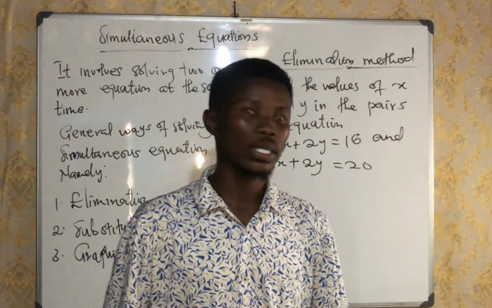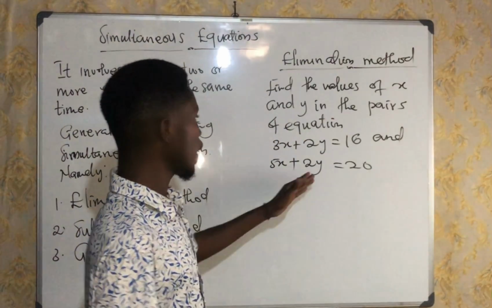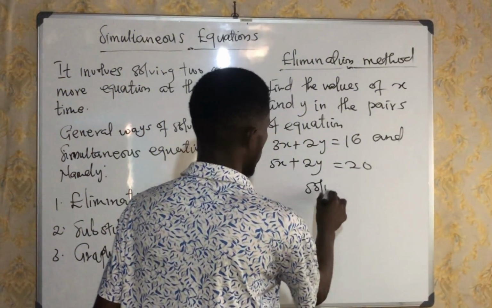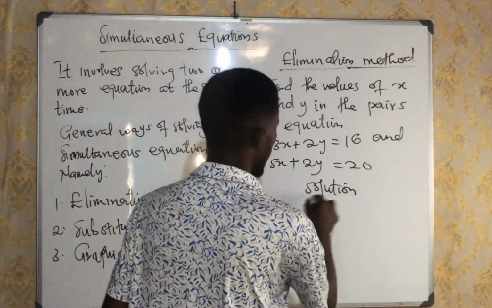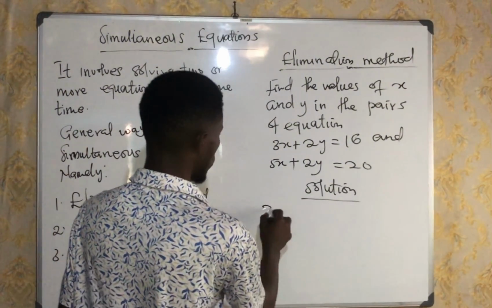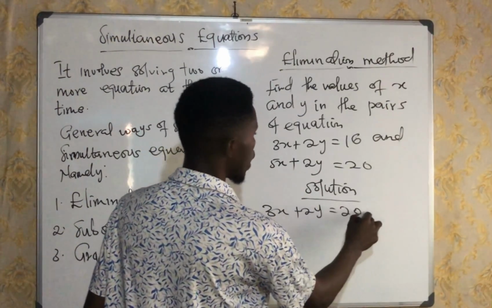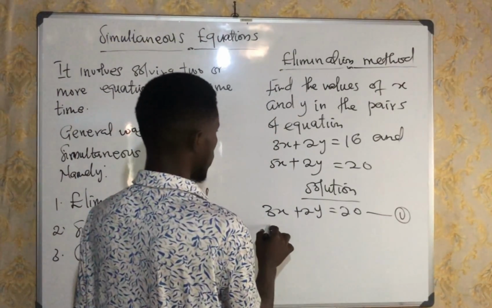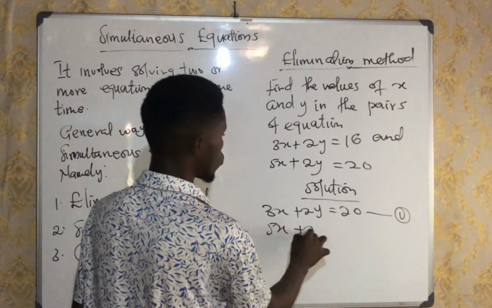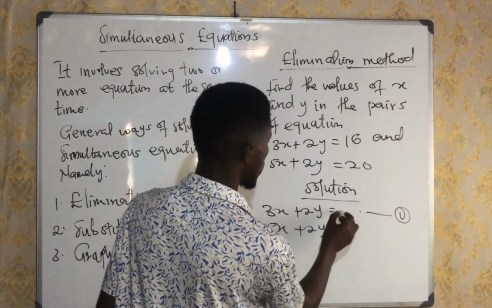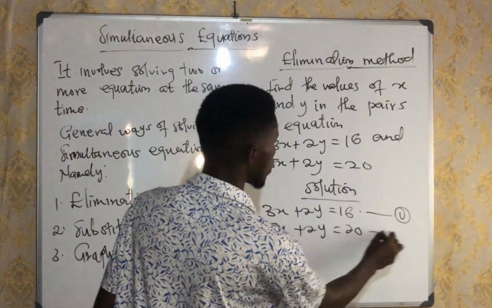Now let's look at it. So this is my solution. Let's write this one: 3x plus 2y equals 16, and let's name this one equation 1. Then 5x plus 2y equals 20.